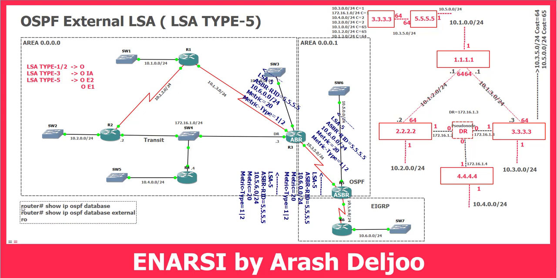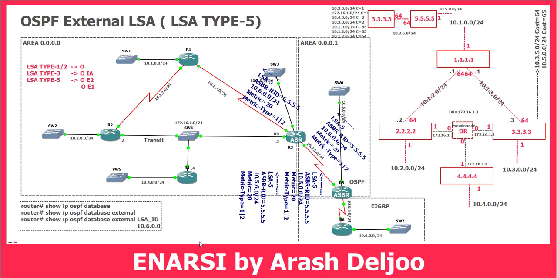But if you want to monitor one specific LSA type 5, you should use show IP OSPF database external, then the LSA ID. LSA ID in the LSA type 5 is the network address. For example, here you can use show IP OSPF database external, then for example 10.6.0.0.